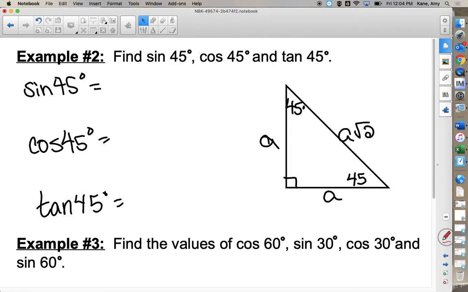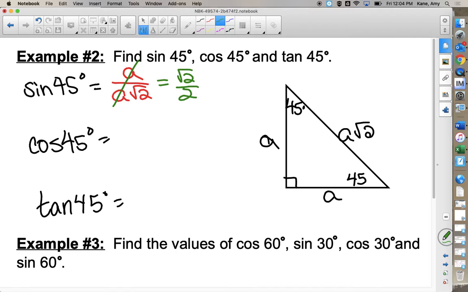So using SOHCAHTOA, the sine is the opposite, which is A, over the hypotenuse, which is A square root of 2. So Scott, what happens with those A's? Cancel out. And then that simplifies to square root of 2 over 2.